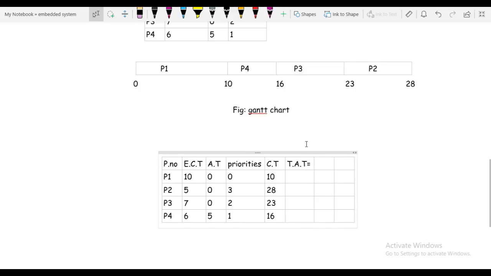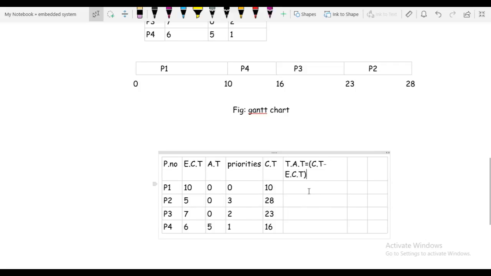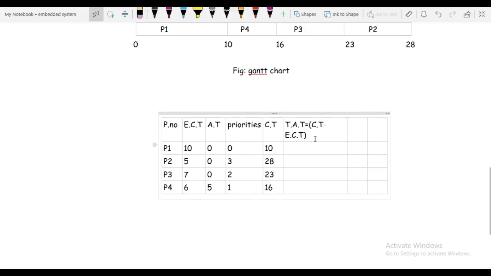Turnaround time is basically the completion time minus arrival time. Sorry, I'm really sorry. It's the easy way to find out.